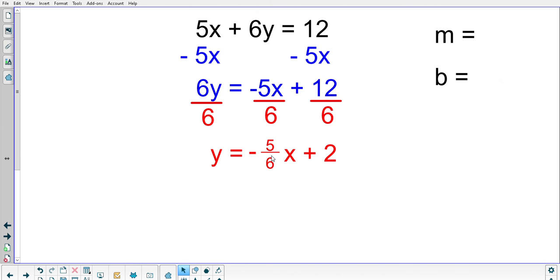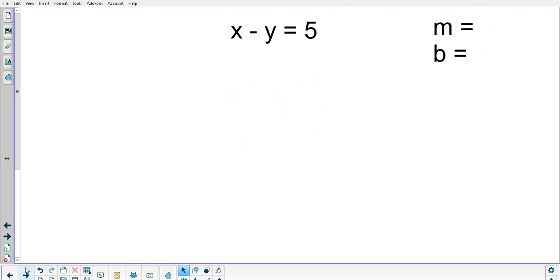So now we have an equation that has a slope of -5/6 and a y-intercept of positive 2. One more example, and then I'll let you get started on your work for today.